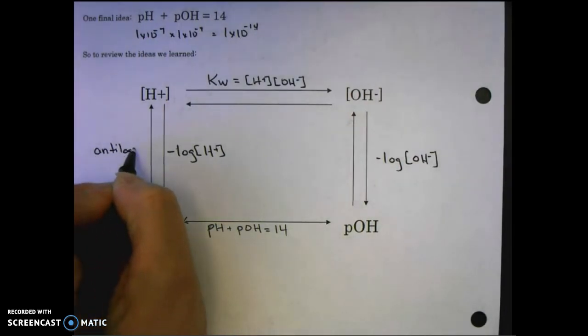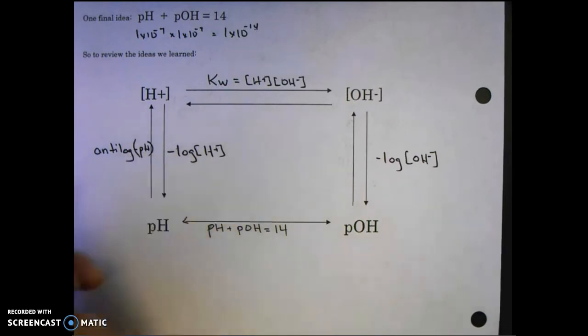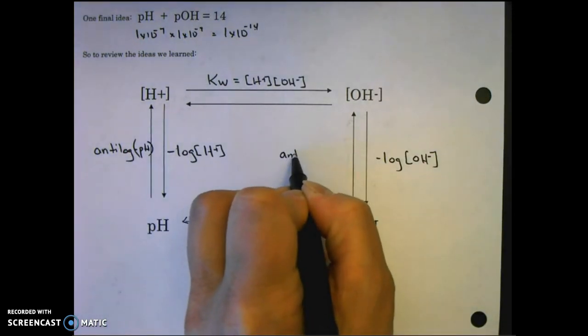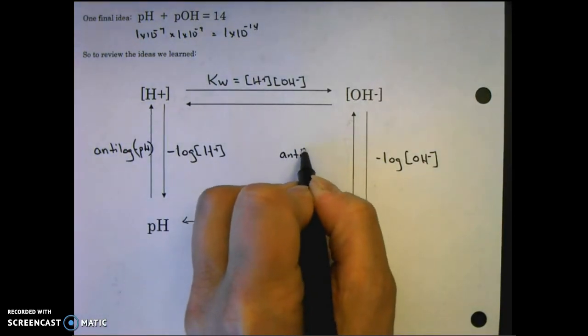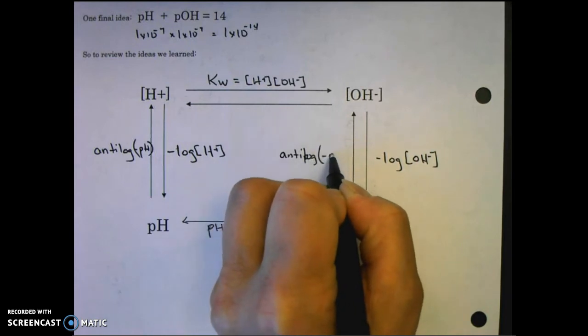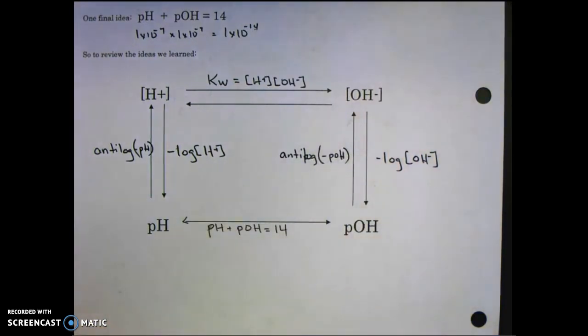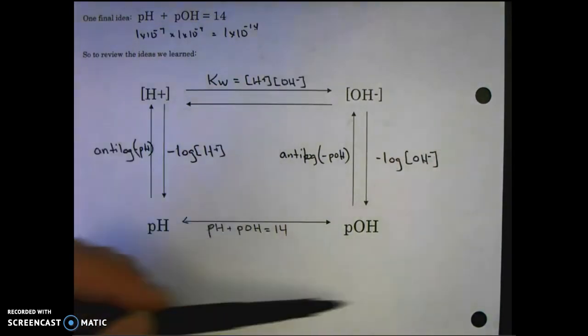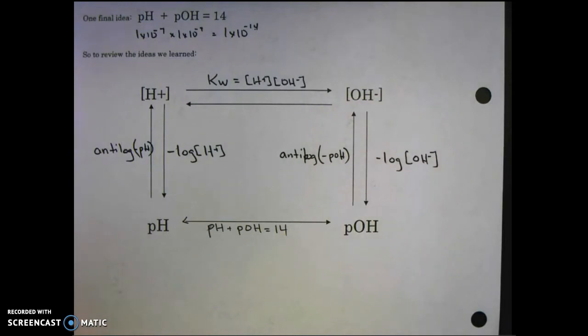If you have the p-value, you're using the anti-log of the negative p-value. So that's just all 4 equations shown there in a nice little organized table. For some of you, visually, it works out nicely.